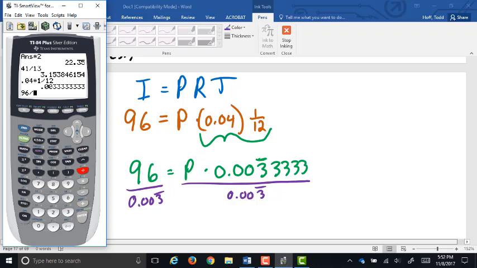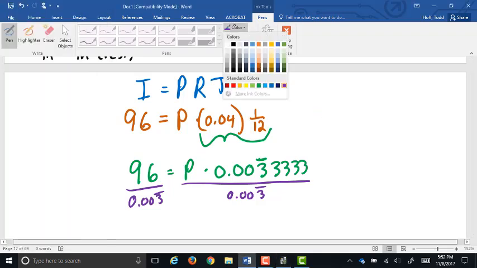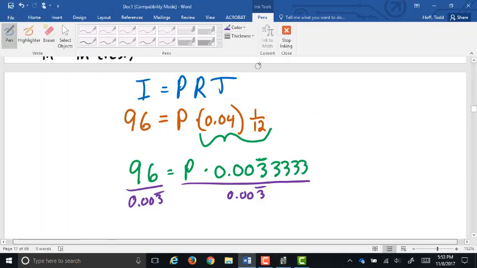Above it, it says ANS. So you type in 96 divided by, then you press second and ANS. That's telling the calculator to take 96 and divide it by the previous answer. Hit enter and you get $28,800. So the principal or the balance at the beginning of that month was $28,800.